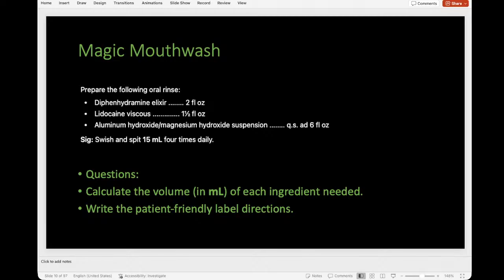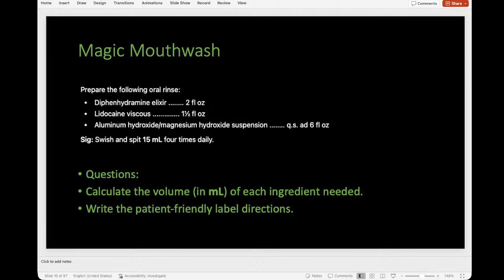Magic Mouthwash, this seems a little bit off. AD is interesting. So I'll get back to you on this another time, but maybe I'll repost this slide for you all so we can see what this question is talking about.